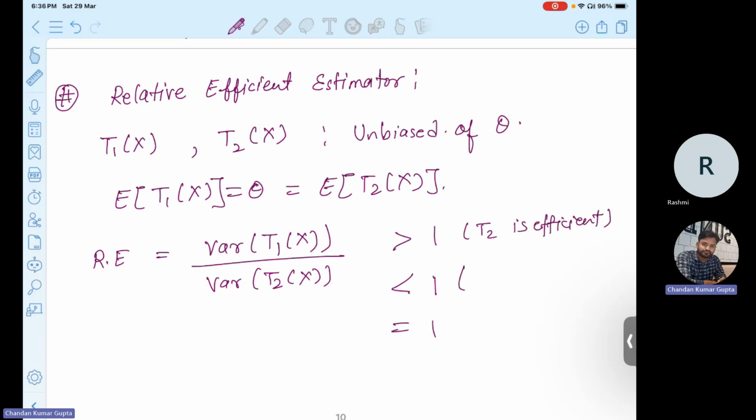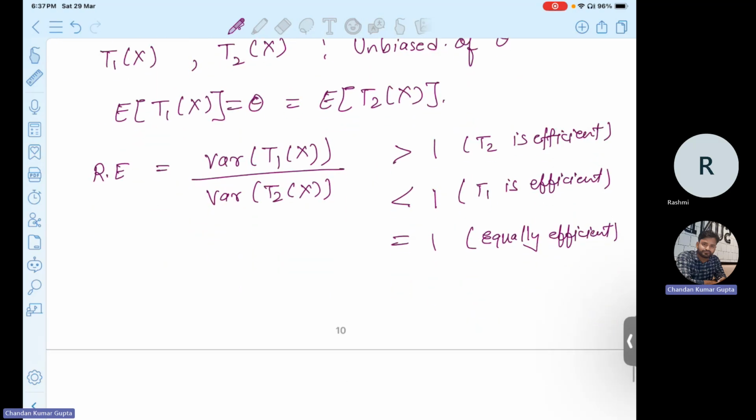Similarly, if the value is less than 1, the numerator is smaller than the denominator, so the variance of T1(x) is less, which means T1 is efficient. And if it equals 1, both estimators are equally efficient.